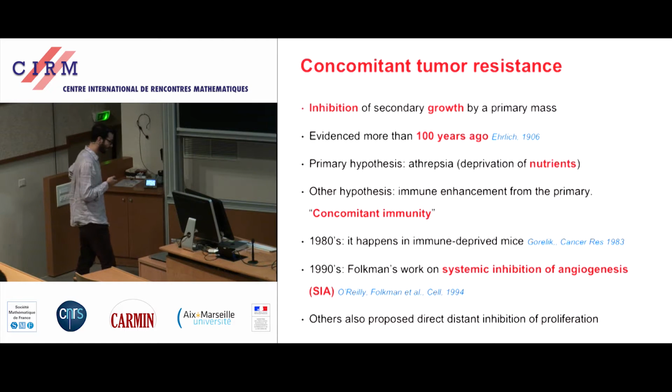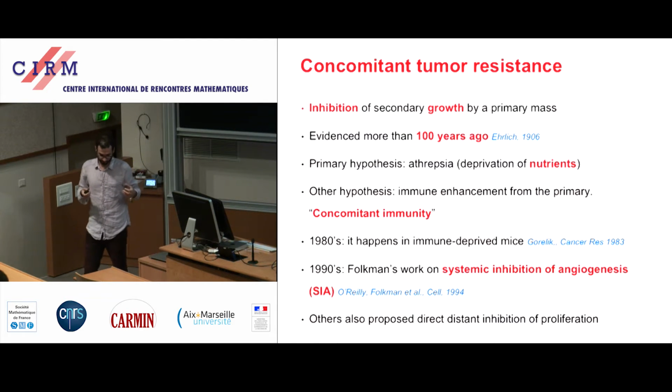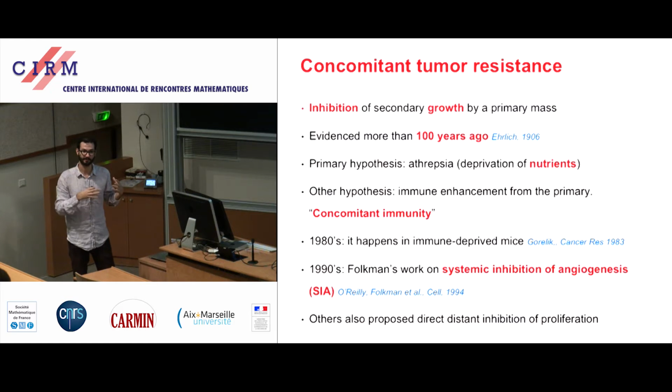The primary hypothesis that had been proposed was that this first tumor eats the nutrients and doesn't leave enough nutrients for the other tumor, and that's why the other tumor doesn't grow.